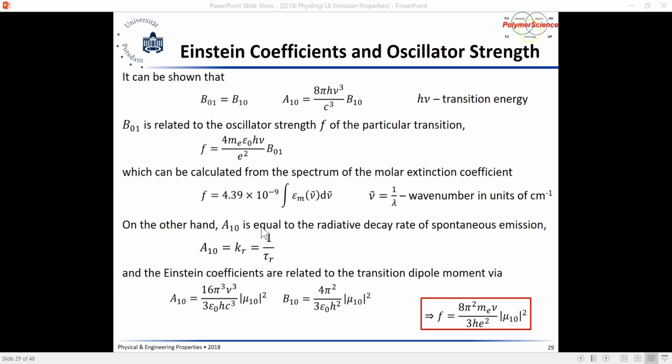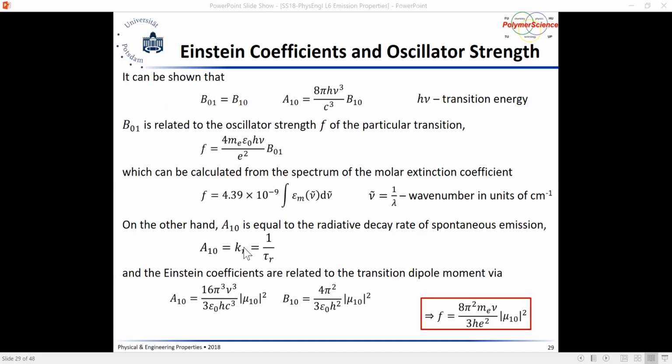We also know that we've said that A naught is the coefficient for spontaneous emission. Emission means it's a radiative transition. So we have a particular rate or particular lifetime. Rate and lifetime are inversely related to one another.